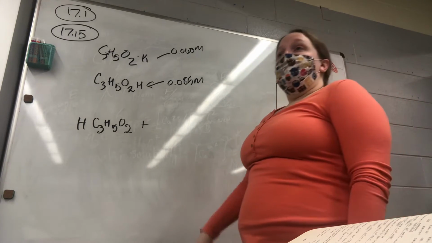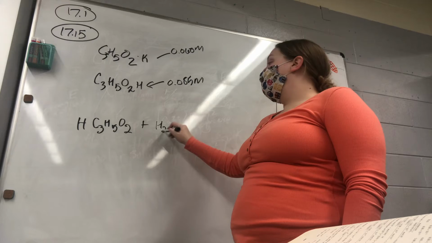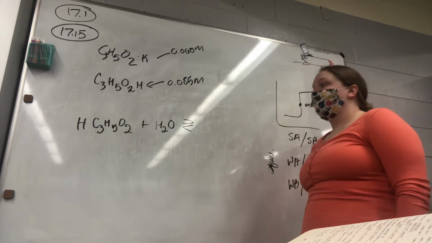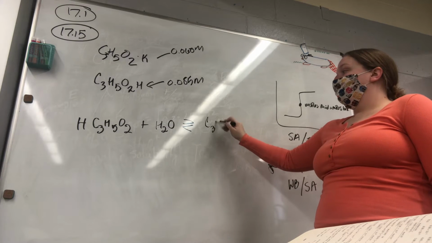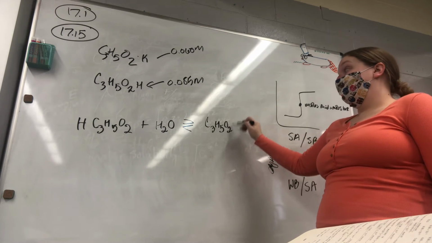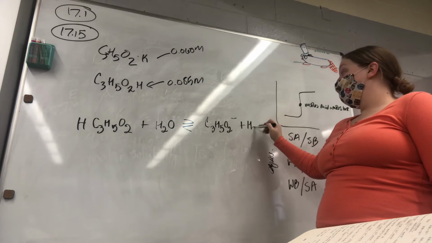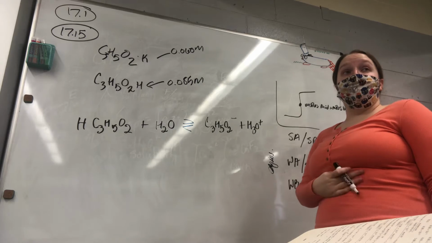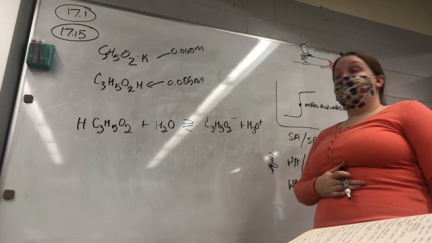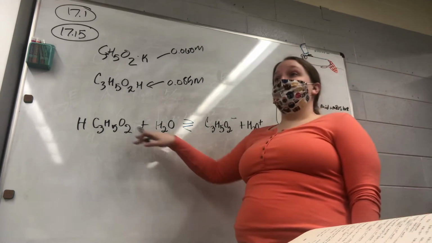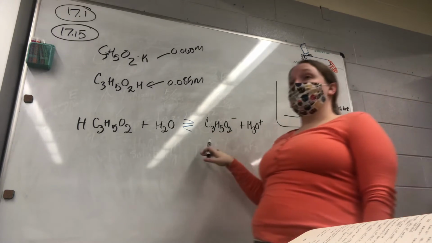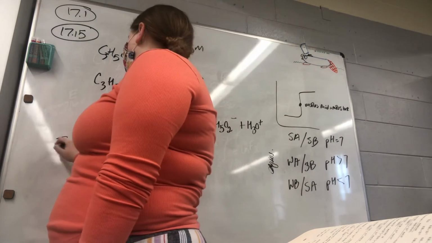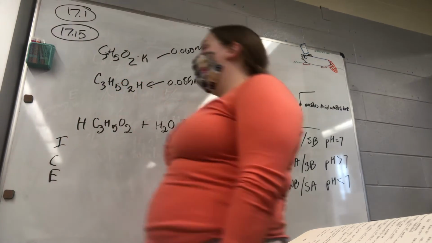Acid gets added to what? Water. And forms, oh boy, chapter 16 coming at you. Acid plus water makes hydronium ion plus conjugate base. Our goal is pH.